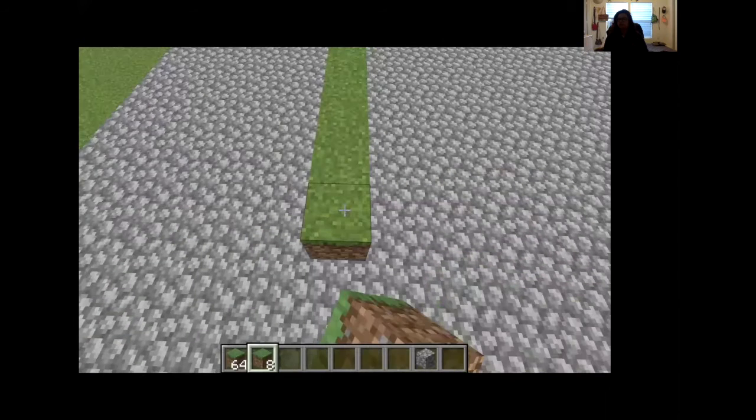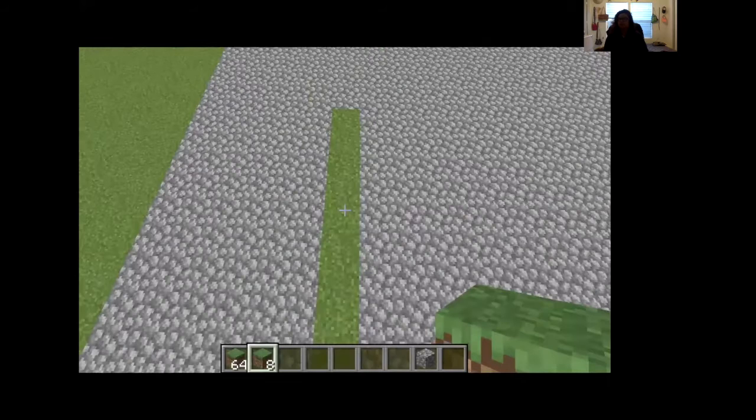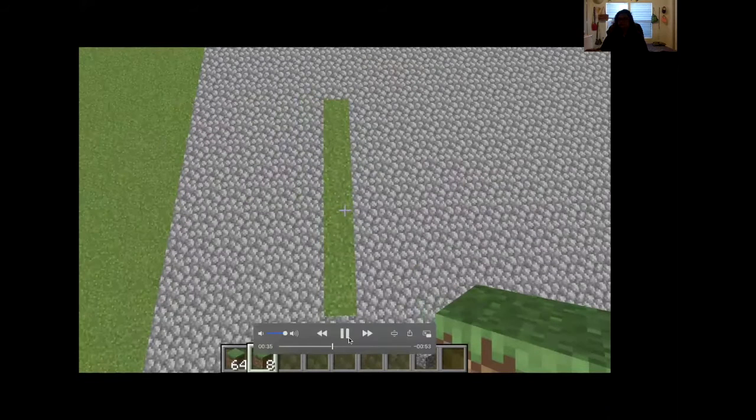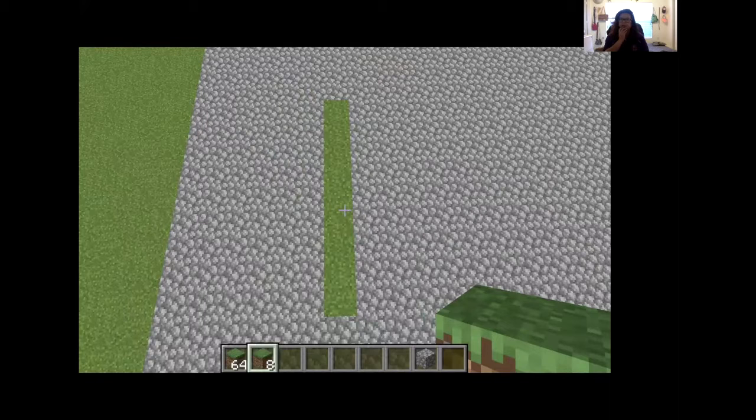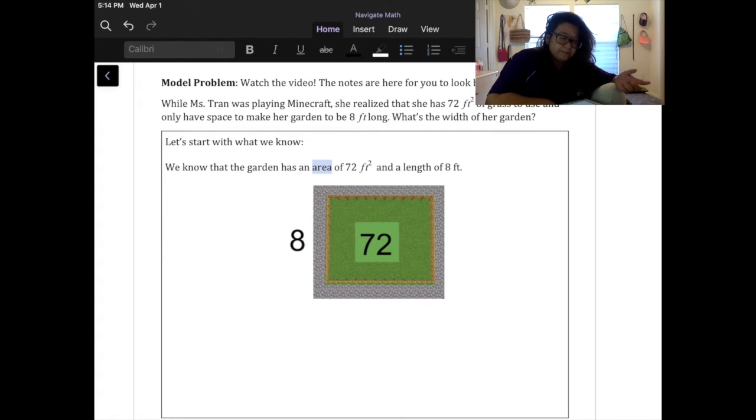But I have a total of 72 blocks of grass, so I wonder how wide I can make my garden so that I have an area of 72 blocks of grass.